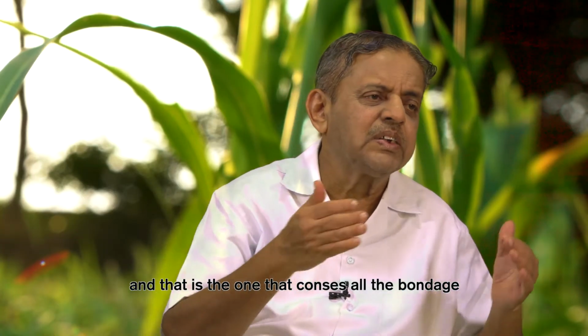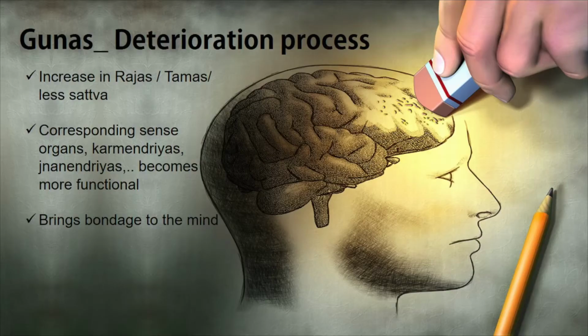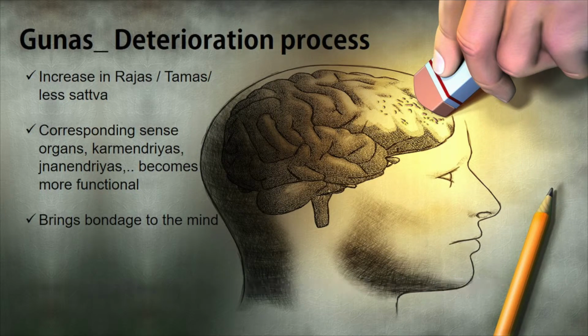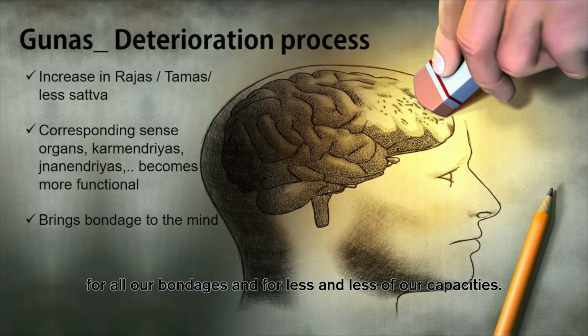And that is the one that causes us all the bondage, and that deterioration is the root cause for all our suffering, for all our bondages, and for less and less of our capacities.